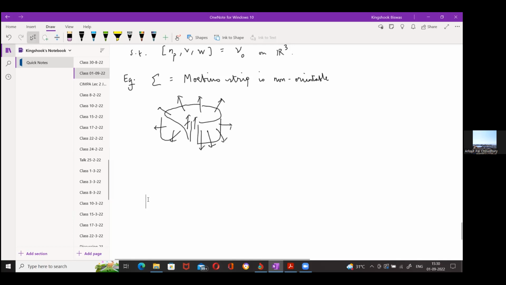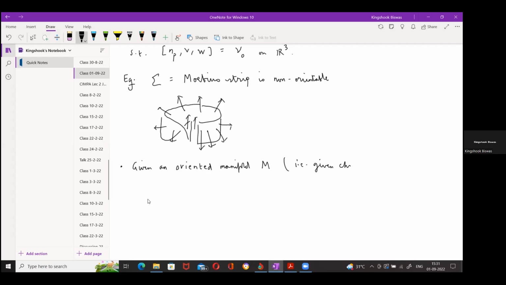So we have orientability. Now it should be clear that, given an oriented manifold, so that means a manifold together with an orientation, which is the same as given a good atlas of compatible charts, let me take the definition using charts.